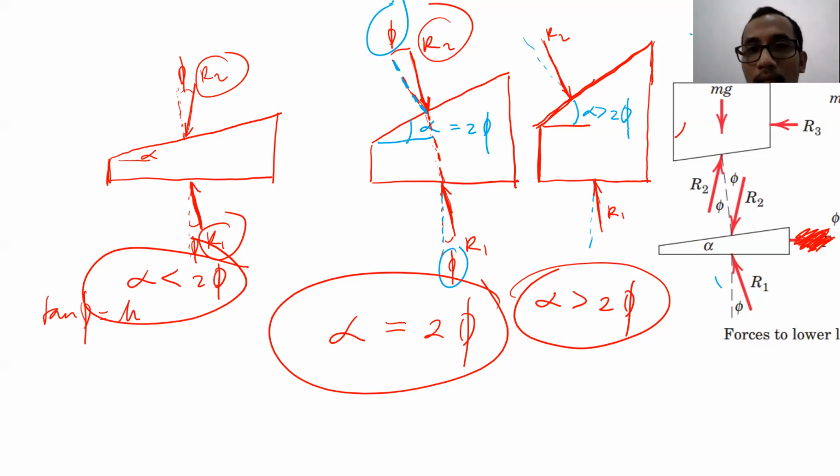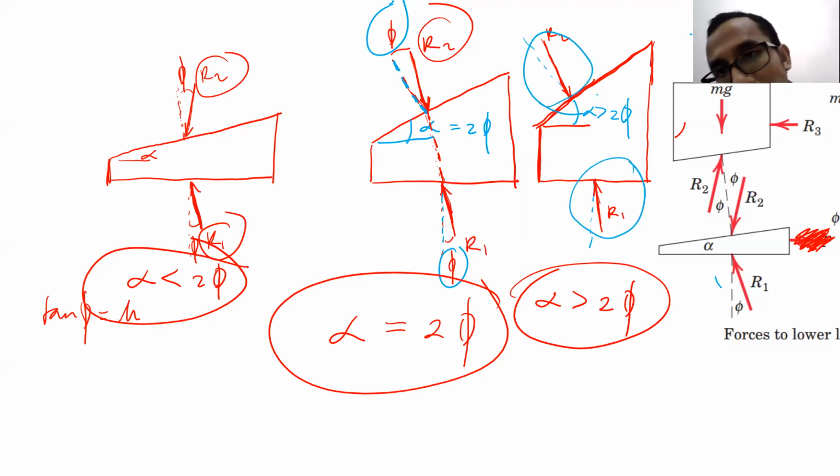What you can see there is that the resultant of R1 and R2 will be pushing the wedge to the right.